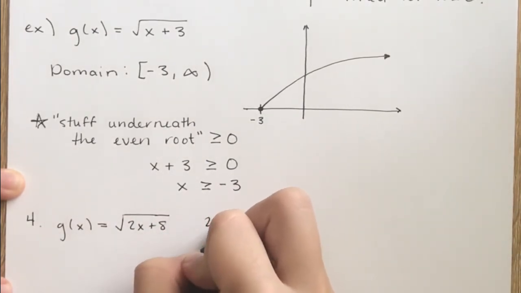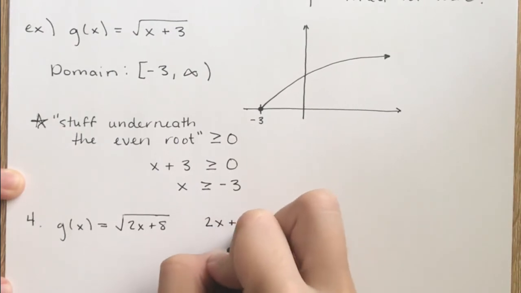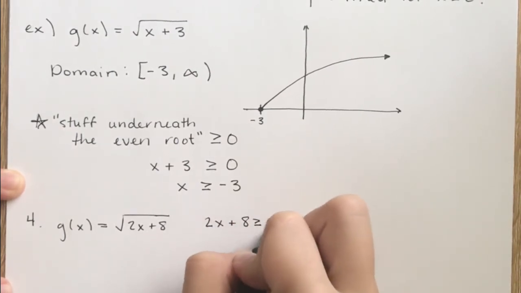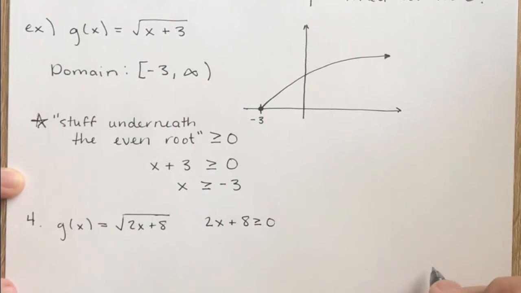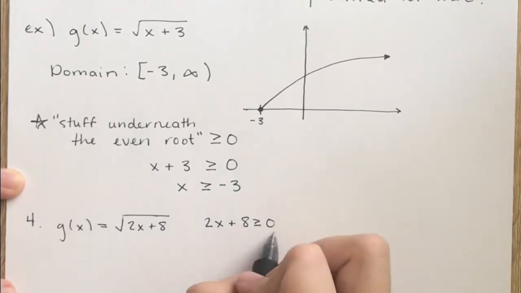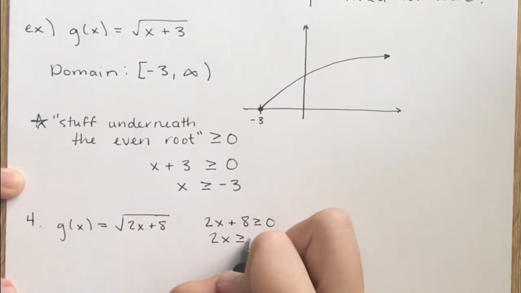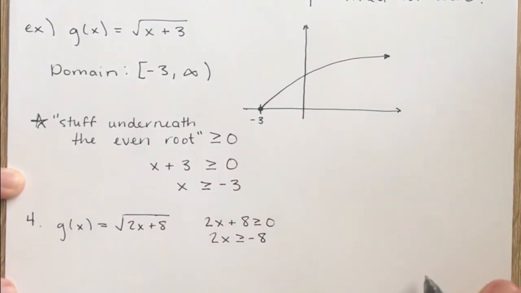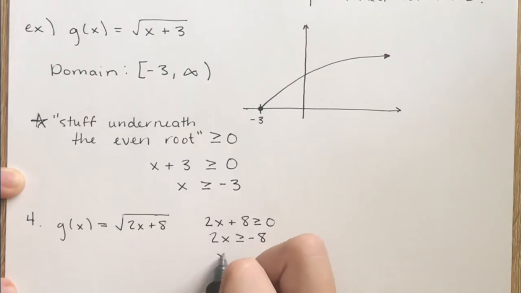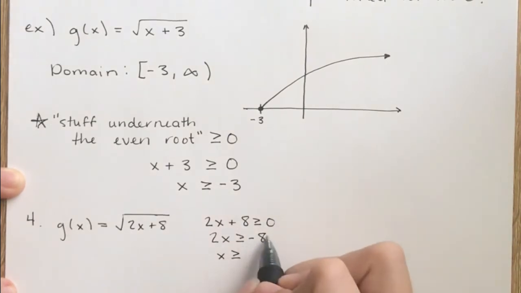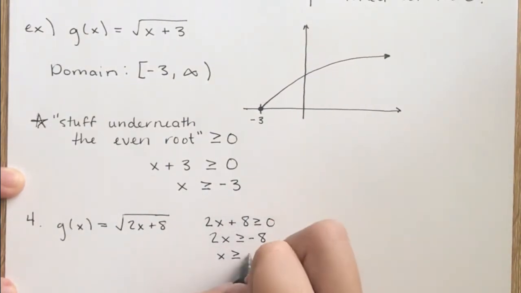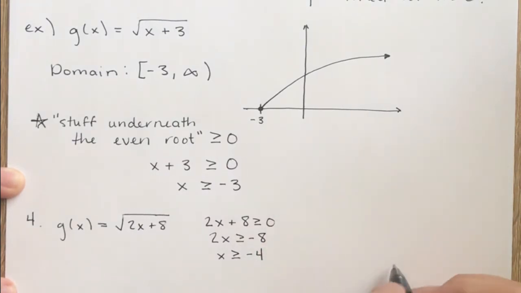So the stuff underneath the even root is 2x plus 8 is greater than or equal to 0. We solve for x. We subtract 8 from both sides. And then we divide by 2. So negative 8 divided by 2 gives me negative 4.